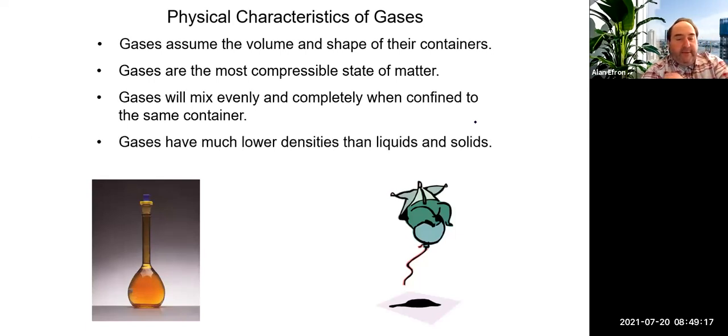Gases assume the volume and shape of their containers. As gases are flying around, they're filling up that container uniformly. Gases are the most compressible state of matter. Obviously, if you try to compress, say, a liquid, it doesn't work so well. It makes a kind of a mess. Gases will mix evenly and completely when they're in the same container.